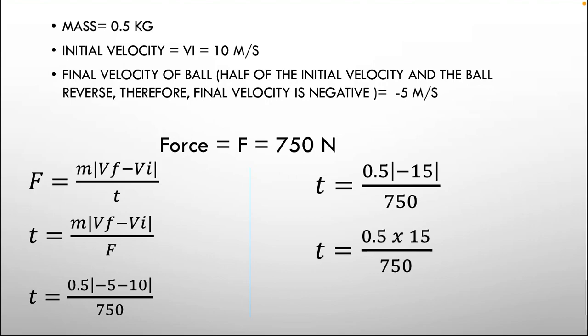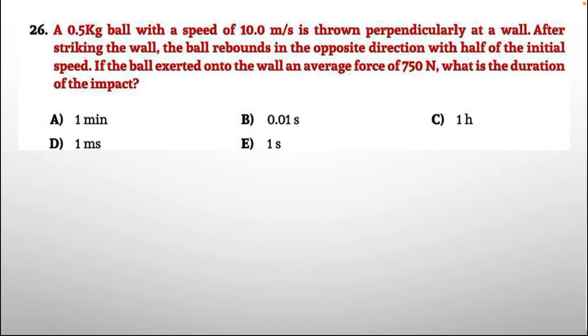Here -15 converts into +15 because there is a modulus outside the -15 value, so the modulus gives the positive value. So the time we get is 0.1 seconds. So the correct option after calculation is option number B.